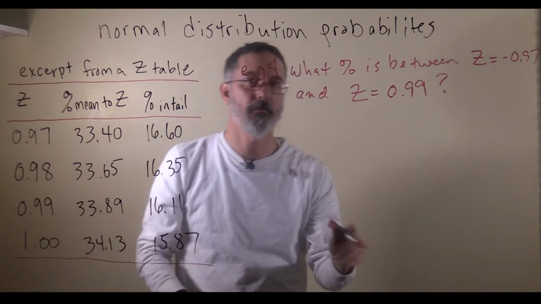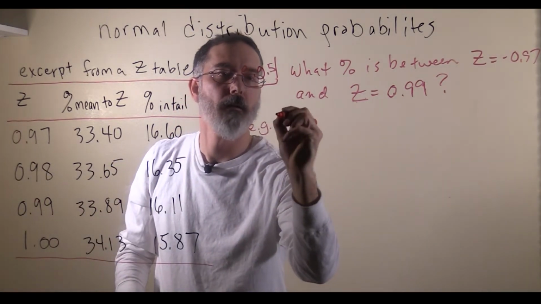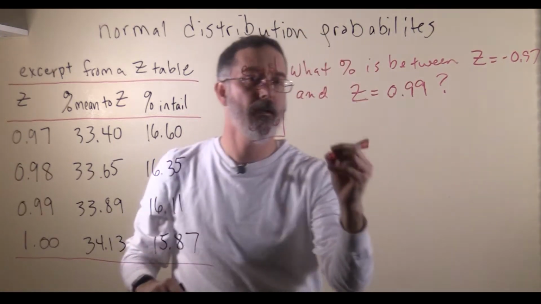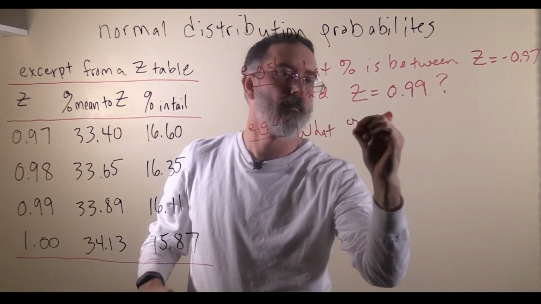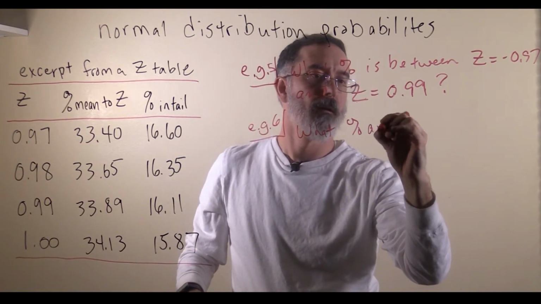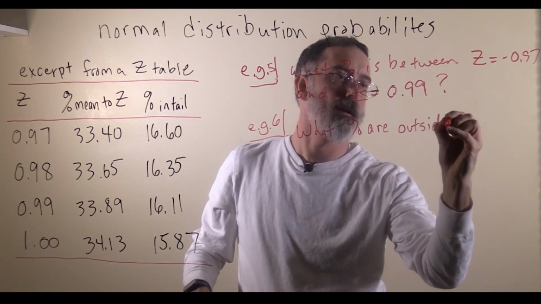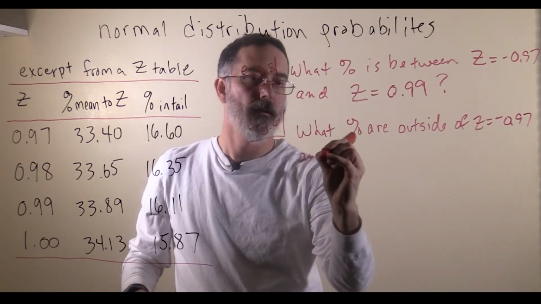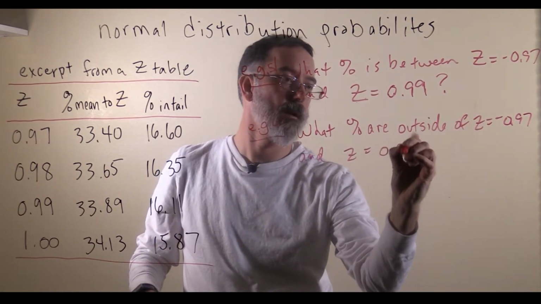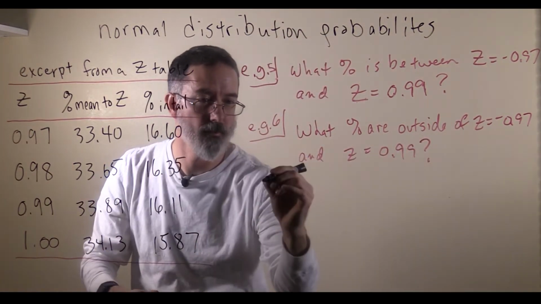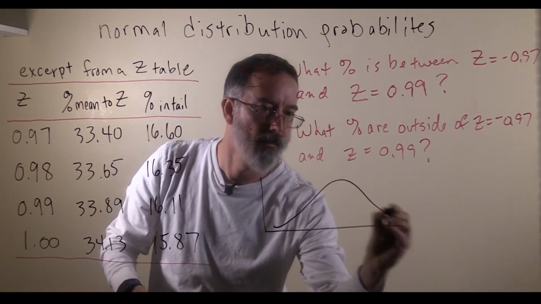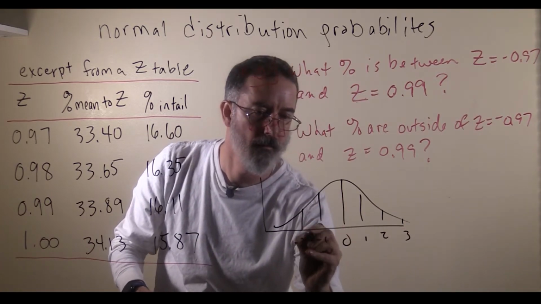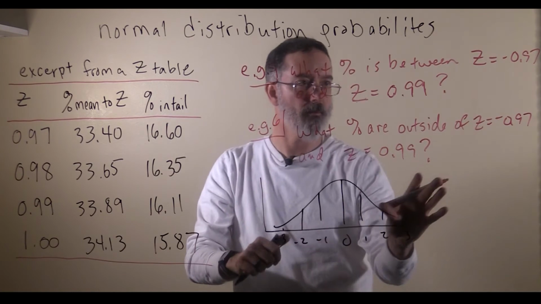Okay, now we're going to do a related problem. Here we want to look at, instead of what's between, what's outside. So what percentage of scores are outside of z equals negative 0.97 and z equals 0.99? So I'll draw the normal distribution and figure out what we want here.